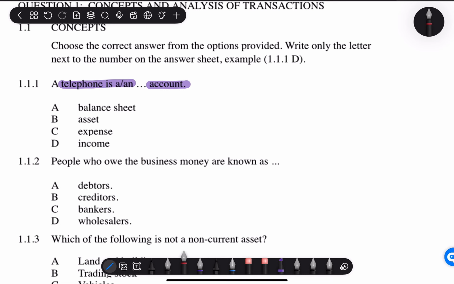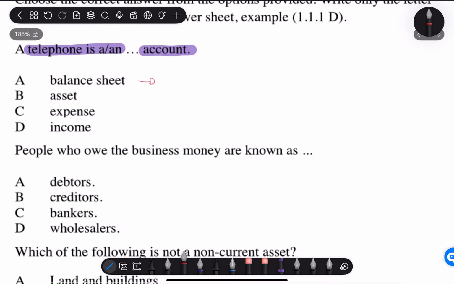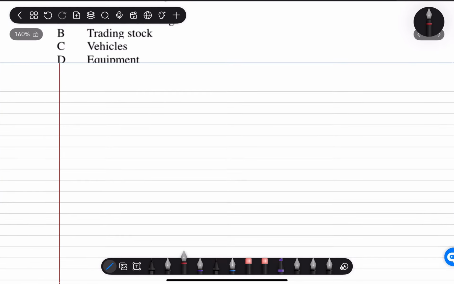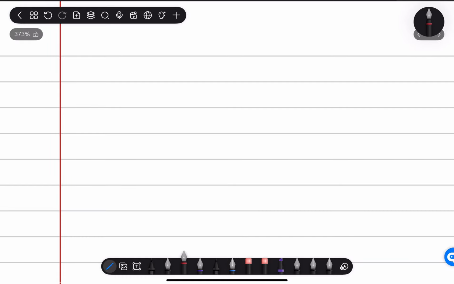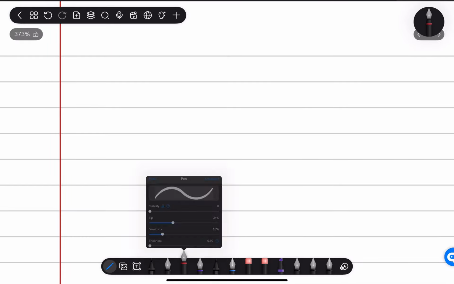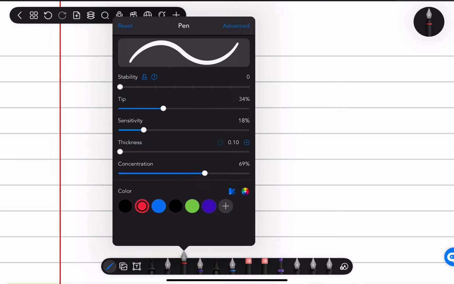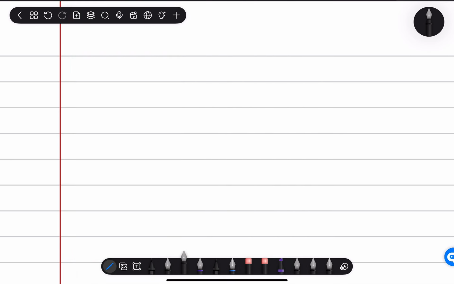Okay, so balance sheet. What does a balance sheet give us? Let me put it at the bottom instead. Okay, so let's write it in black. So 1.1.1, the first option is a balance sheet, yes?